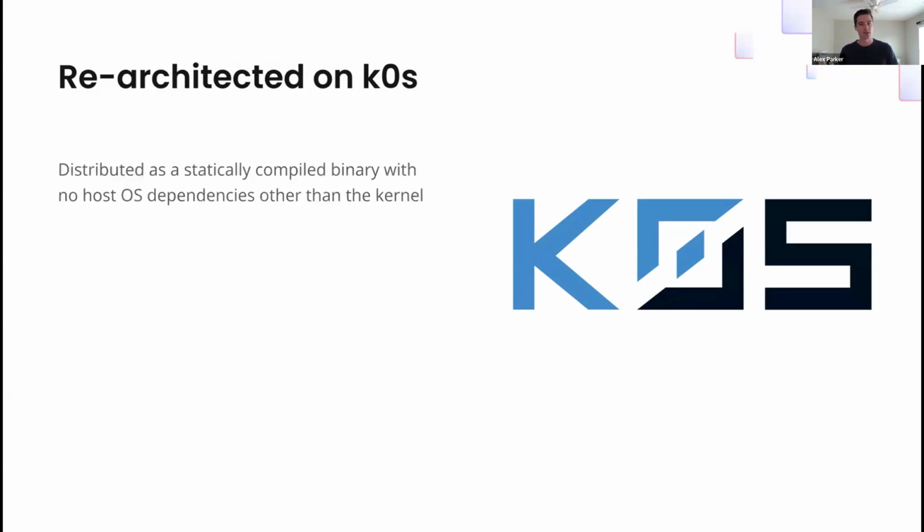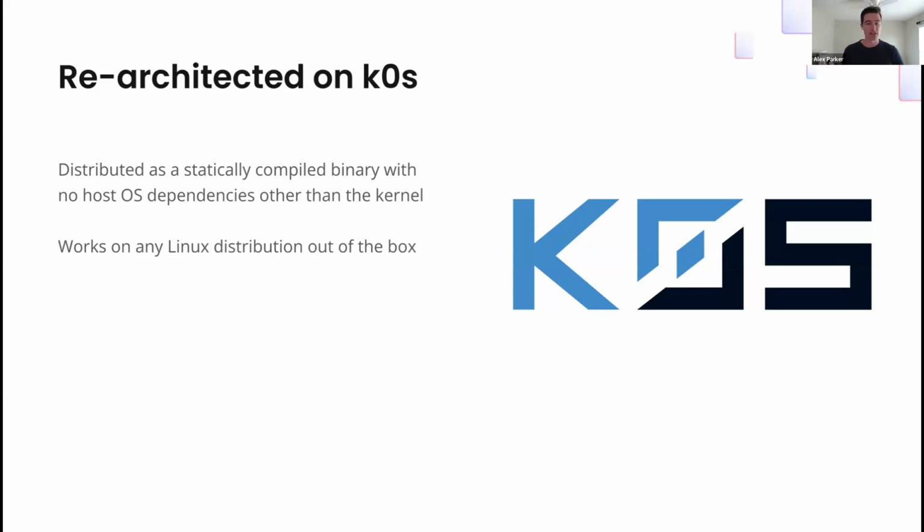K0s has a couple of things going for it here. For one, it's distributed as a statically compiled binary with no host OS dependencies other than the kernel, which basically means that it can work on any Linux distribution out of the box. There's very little you need to do to get the environment ready for the cluster to be installed, because all the dependencies are shipped as part of that binary.